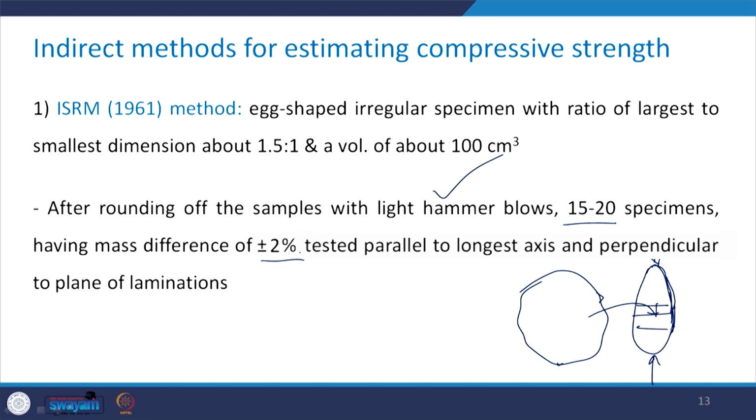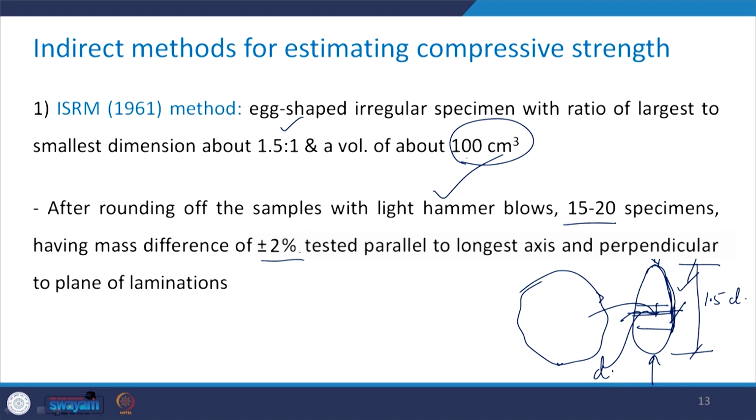The sample is to be prepared keeping these two things in mind, and the ratio of the dimensions can be 1.5:1. That means if this is 1.5 times, let us say D, then this dimension should be D, and roughly the volume should be about 100 cubic centimeters. So we prepare this type of specimen and then we test it.